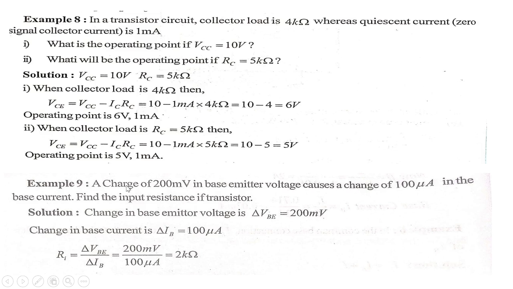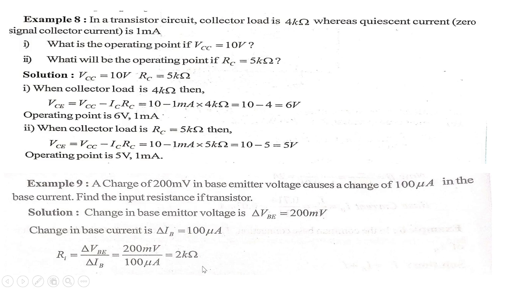Next example, a change of 200 millivolt in base emitter voltage causes a change of 100 microampere in the base current. Find the input resistance of the transistor.